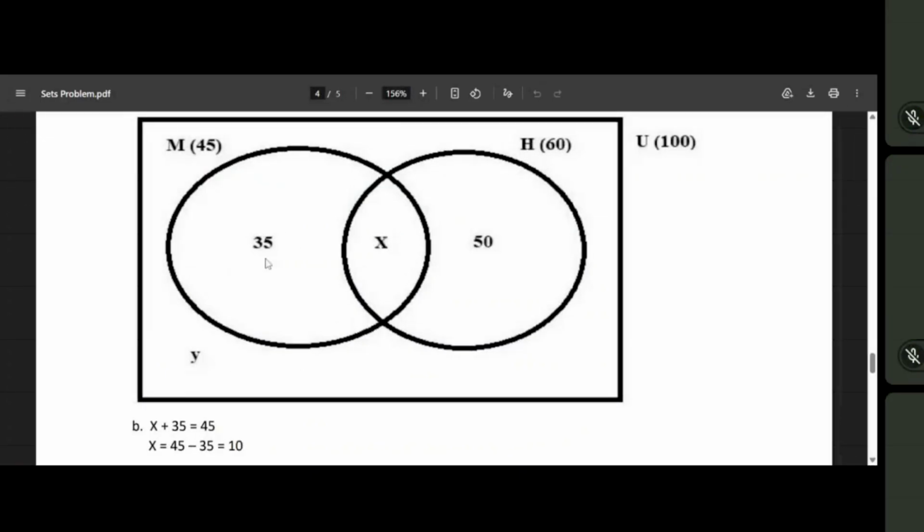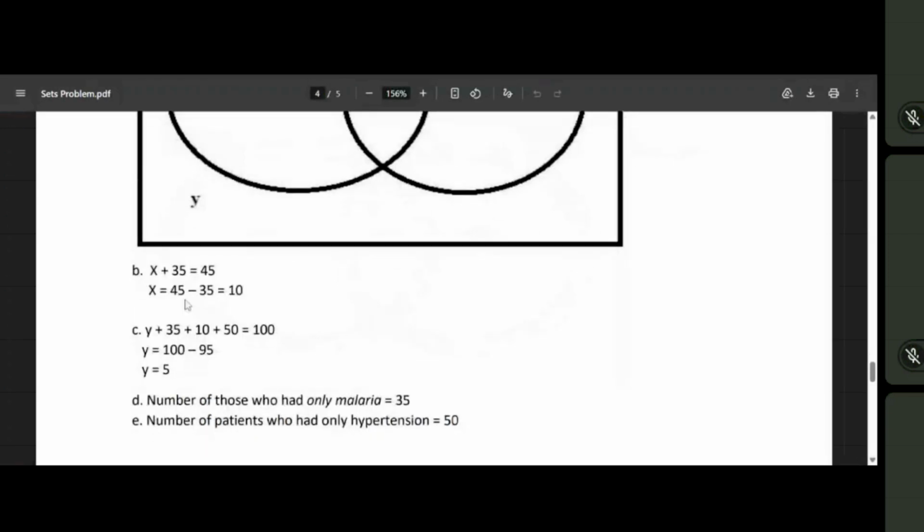When you add 35, X, 50, and Y, you are going to get 100. We calculated X to be 10. So we add 10 to 35, that's 45, plus 50 gives 95, plus Y equals 100. So 95 from 100 will give you the value of Y. So simple and straightforward.